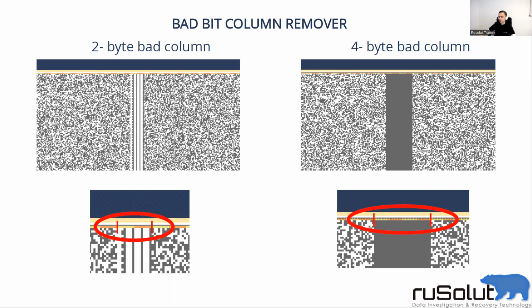But some time ago, we met some cases with mainly first chip controllers where there were only bits excluded from usage in the dump. So we have worked for some time on this bad bit column remover, and now it's finally available also in the user version, and it's quite an intuitive element.